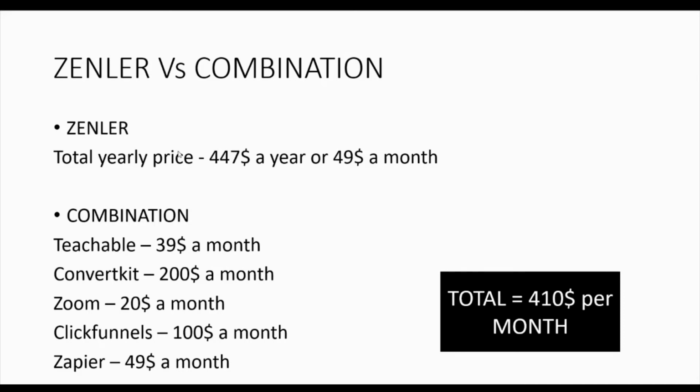Because I'm saving a lot of money over here. Basically, I'm saving $410 times 11, approximately $4,500 a year if I'm opting for Zenler, right? So this is basically the math behind using Zenler versus using a number of combinations.